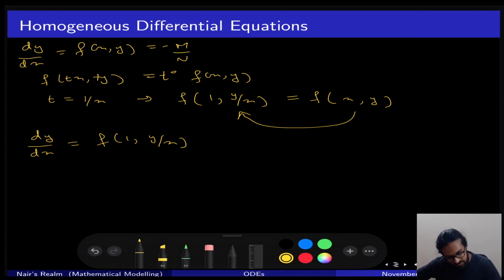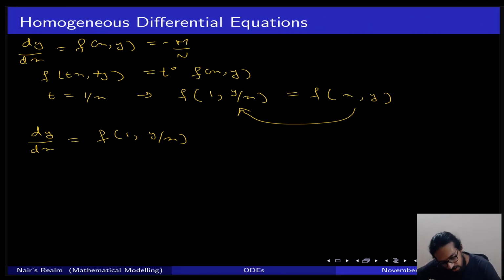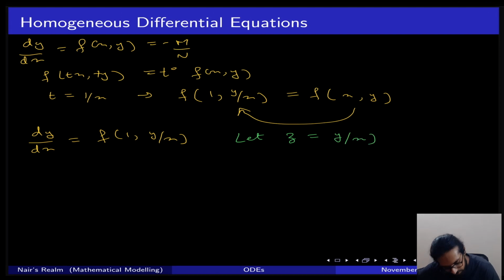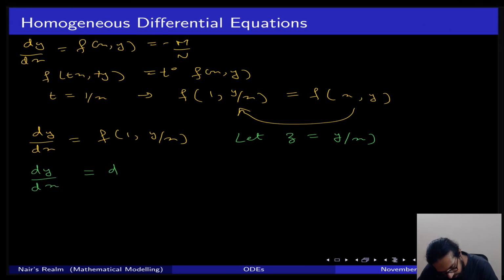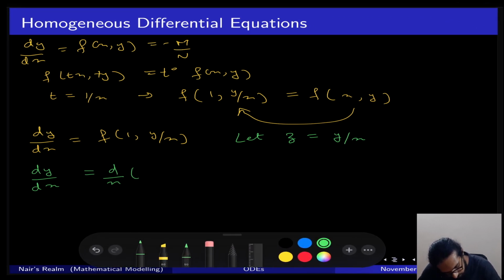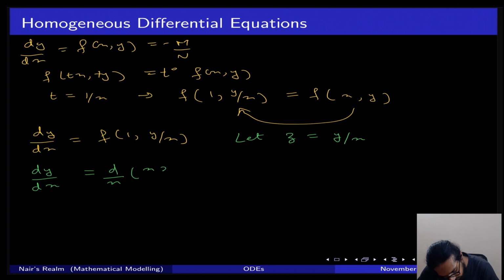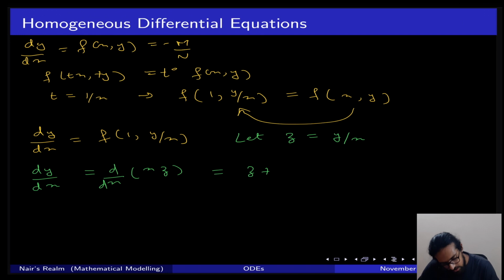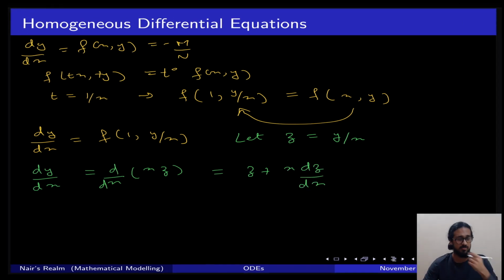So now we make the next substitution that we are interested in. So let the variable z is equal to y by x. Let that be the equation. So then dy by dx is equal to d by dx of x times z. That is actually equal to z plus x times dz by dx by chain rule of differentiation.